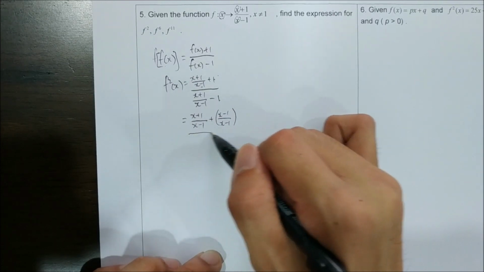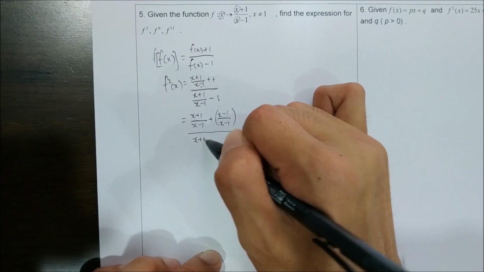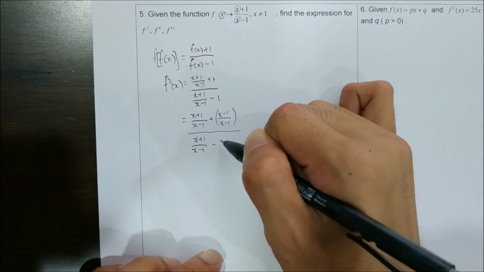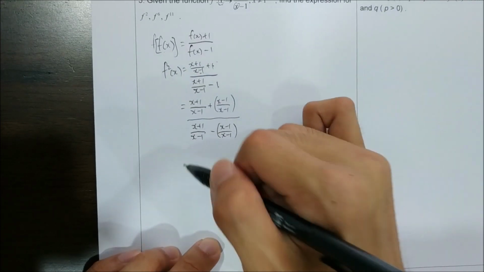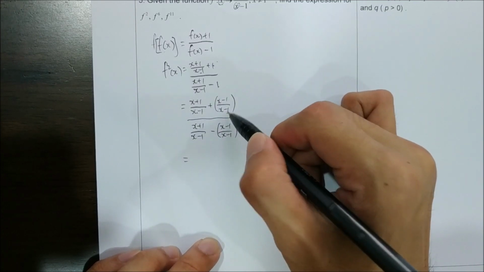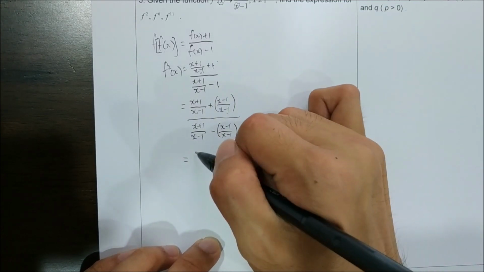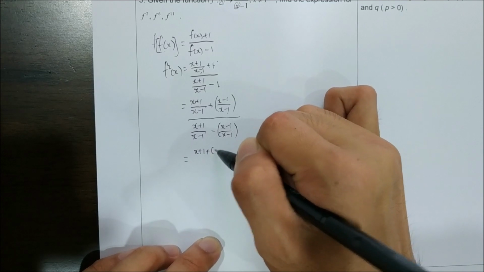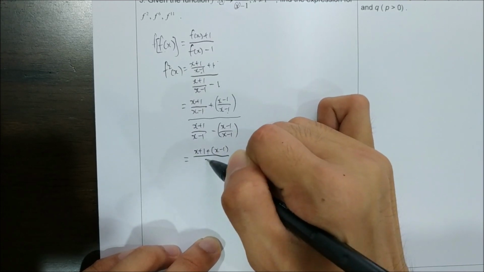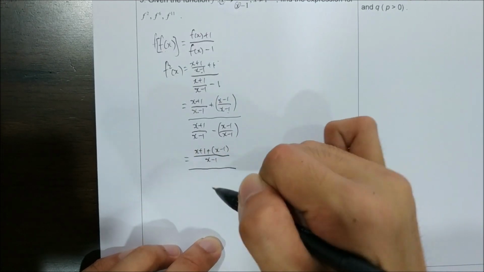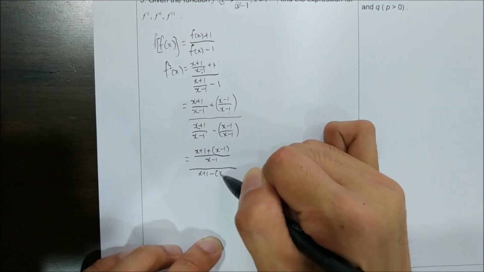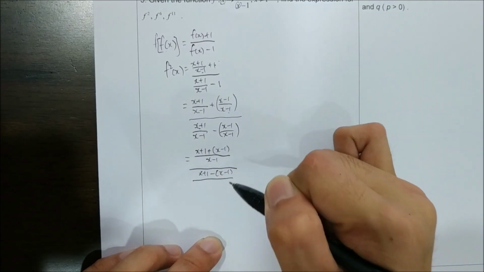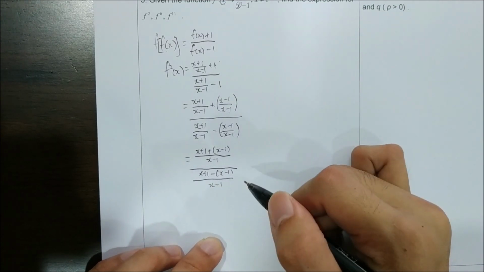That applies to the denominator part, which is (x plus 1) over (x minus 1) minus (x minus 1) over (x minus 1). And now here, since the denominator is the same, we can add the numerator. You have (x plus 1 plus x minus 1) over (x minus 1) over the lower part, (x plus 1 minus x minus 1) over (x minus 1).